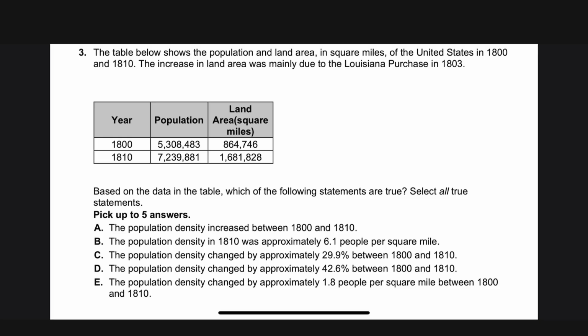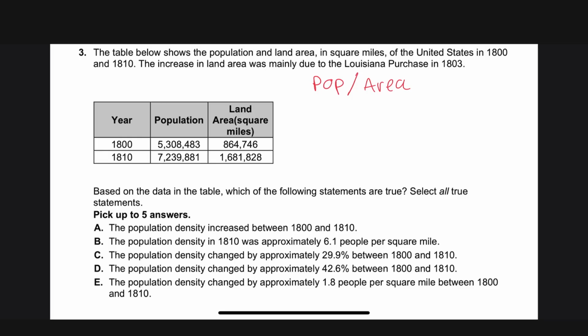So we do need to figure out the population density in both years, and then we'll be able to compare them. So to find the population density, we're going to divide the population by the area. So we're going to do population divided by area to figure out the population density. So I'm going to go ahead and do that for the very first year, which would be 1800.